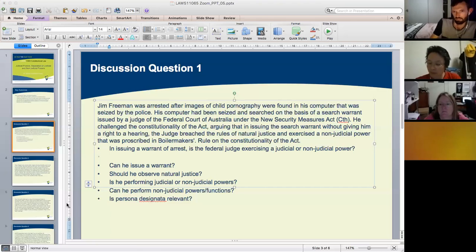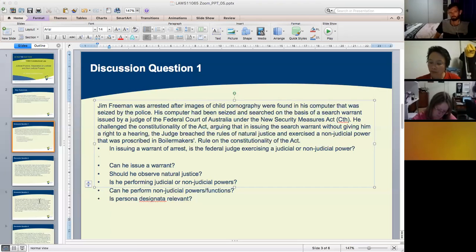There is no actual controversy between the state and the subject or between subjects of the state. In fact, if you will notice, it's on the initiative of the judge himself in issuing the warrant. So there isn't any actual controversy. It does not involve a matter. Therefore, what is involved is the exercise of a non-judicial power. That's right. So we've dealt with that.